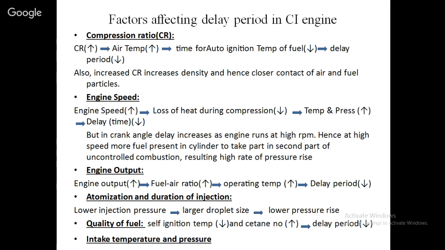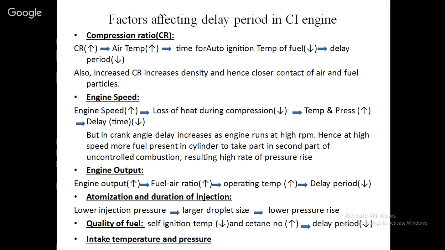So we can say that we use more cetane number fuel for better quality, and the fuel which has more cetane number obviously has a less delay period. That is why it is given more cetane number.